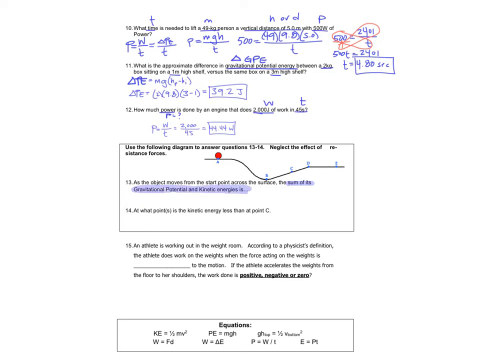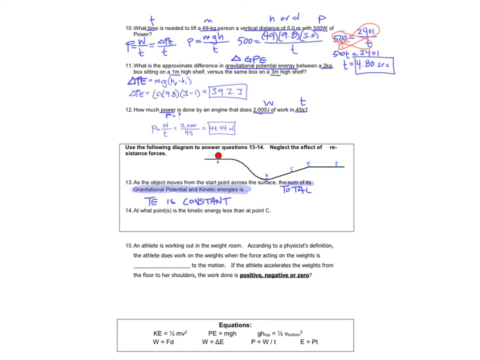So it's asking for the sum, which means the total. Sum means total. What is true about the total energy as it moves across? Total energy is constant. Total energy stays conserved because of the law of conservation of energy.